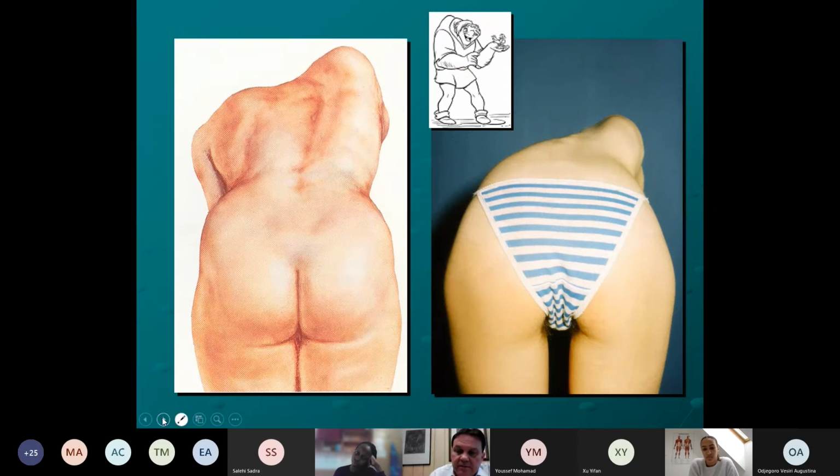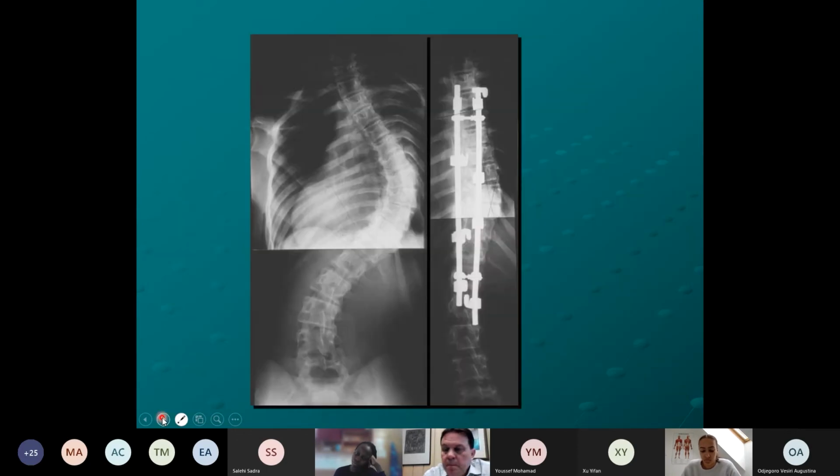How would you treat it? If something is curved, which shouldn't be, then you have to straighten it. Nowadays, spine surgery is a big, big field of orthopedics. It is even in some countries an almost separate field, but it still belongs to orthopedics. One of the goals of spine surgery is to correct these deformities.